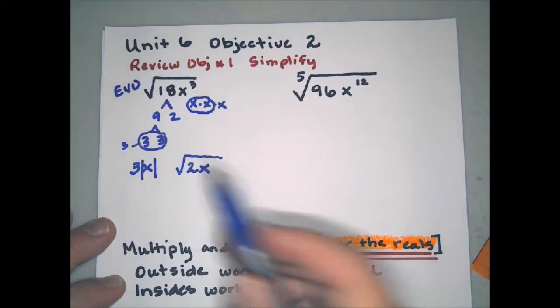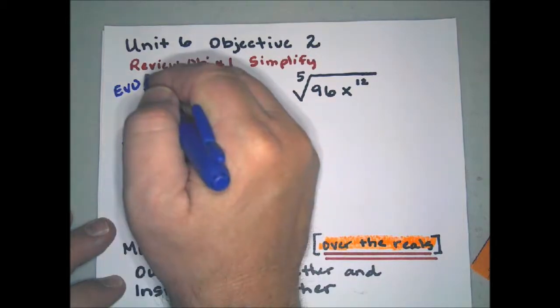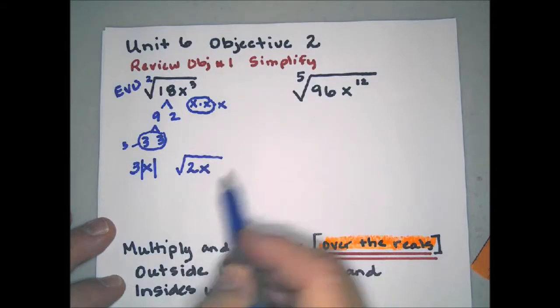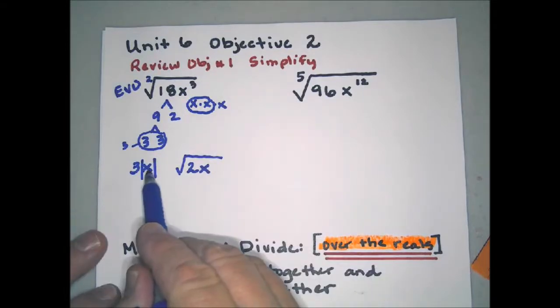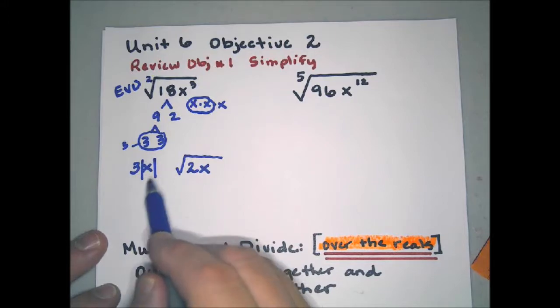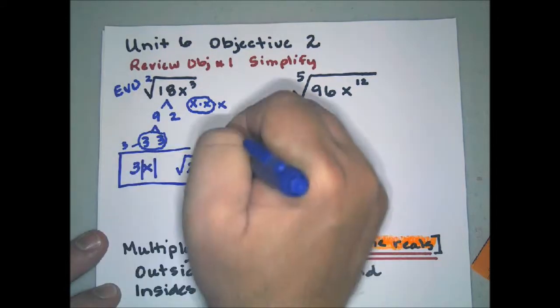If it's an even radical, which it was, a square root is an even radical, and when the variable comes out, if it comes out with an odd power, you need the absolute value bars. And that's exactly what happened right here. So this is the answer.